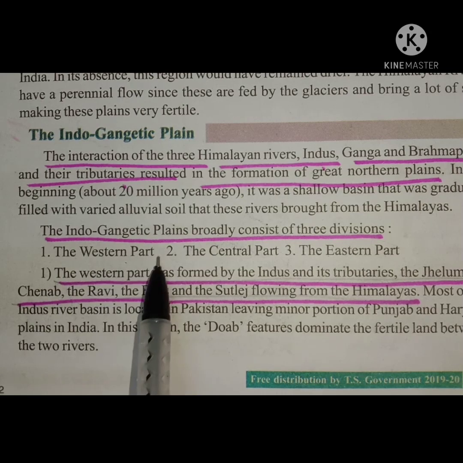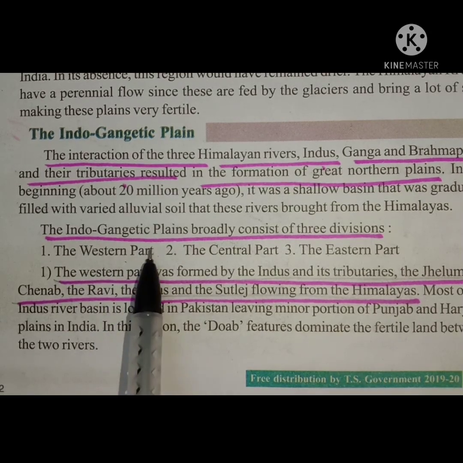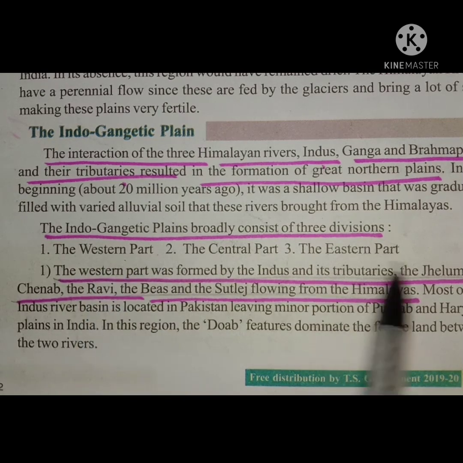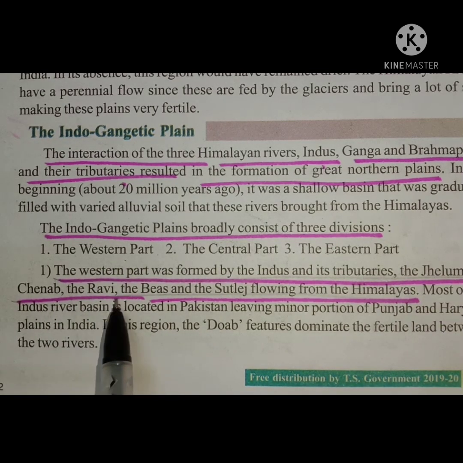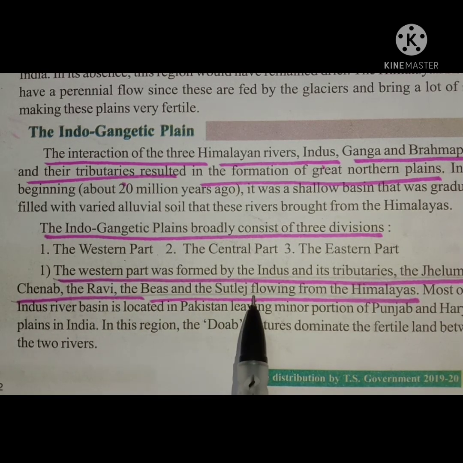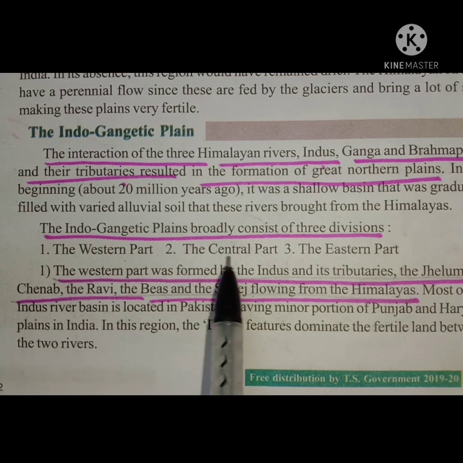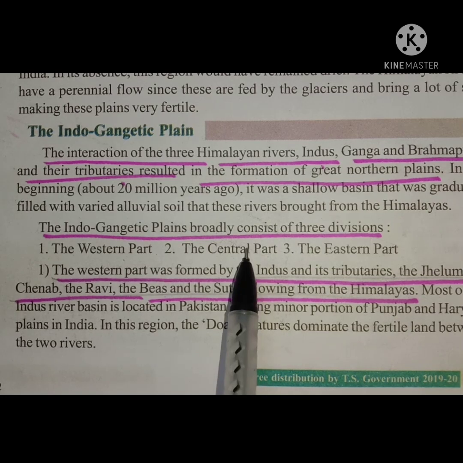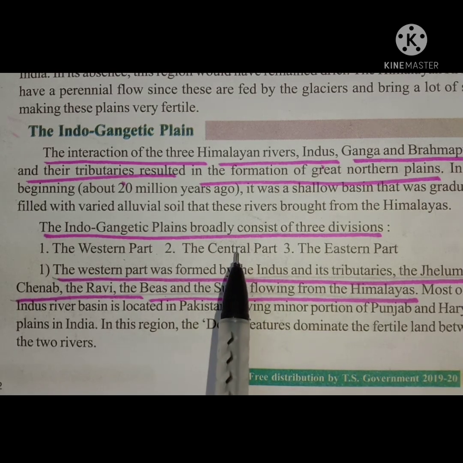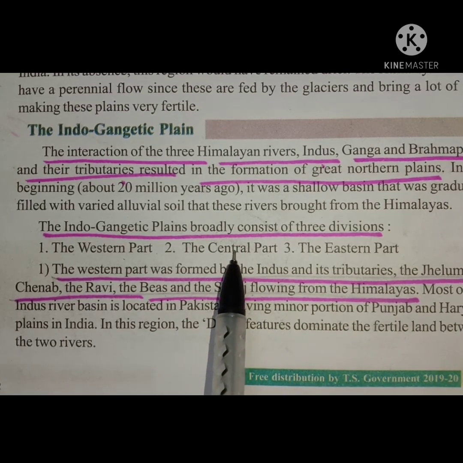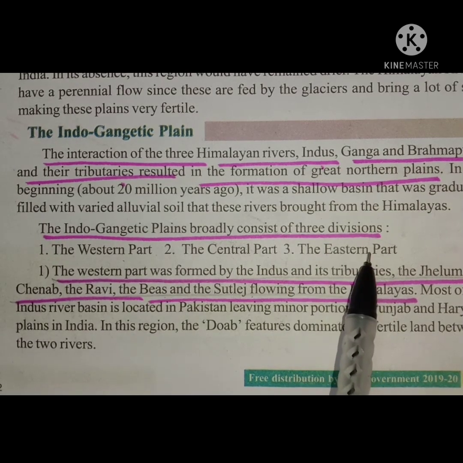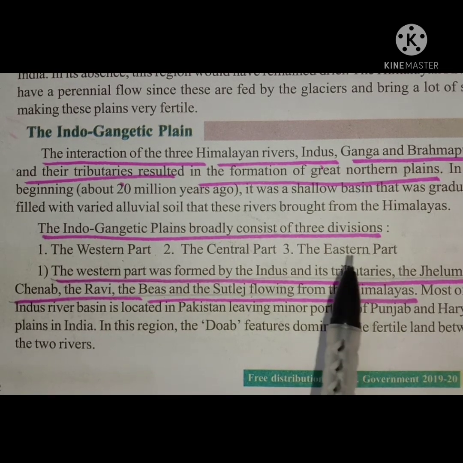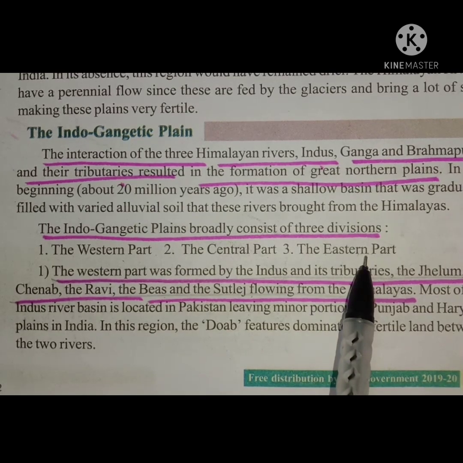The western part was formed by the Indus river and its tributaries Jhelum, Chenab, Ravi, Beas and Satluj. The central part was formed by the Ganga river and its tributaries. The eastern part was formed by the Brahmaputra river.